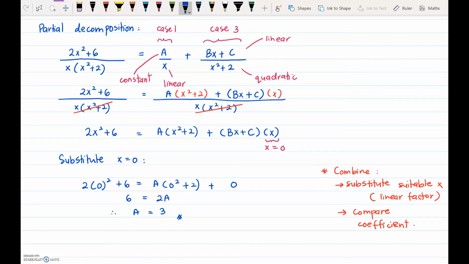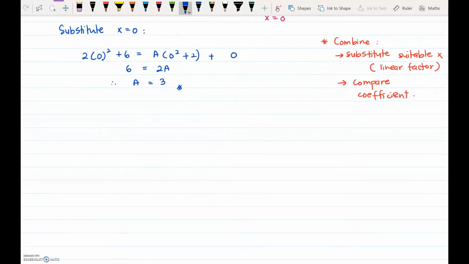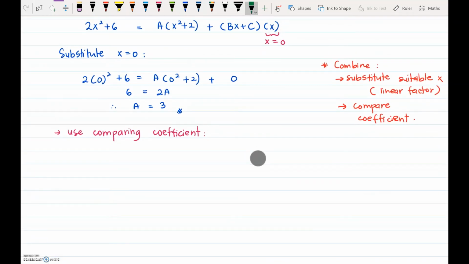Since we don't have any other linear factor in this equation, we need to use comparing coefficients. Then we need to substitute the value of a equals 3 into this equation.